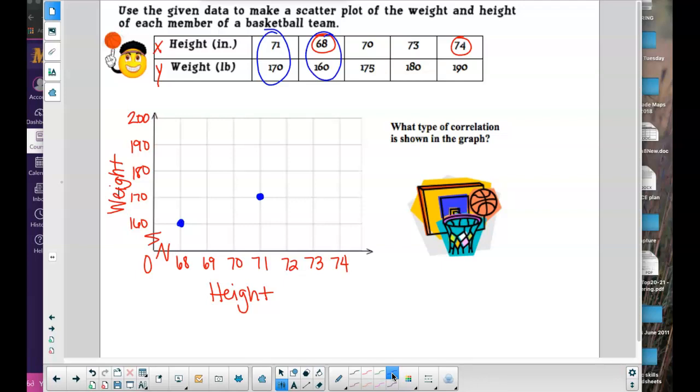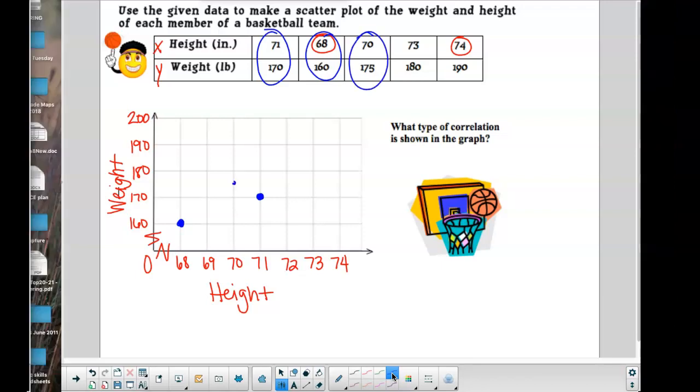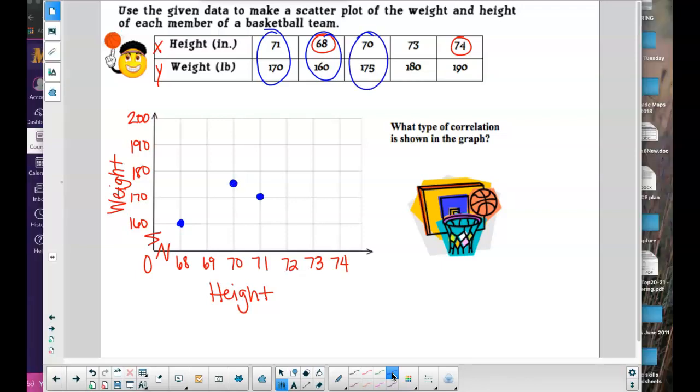Put a dot there. The third one is 70, 175. And then 73, 180. And finally 74, 190.